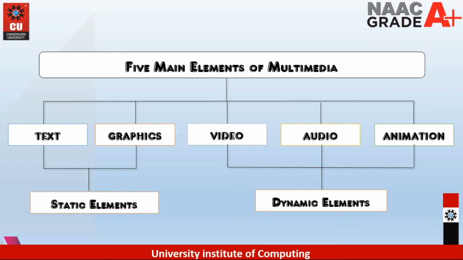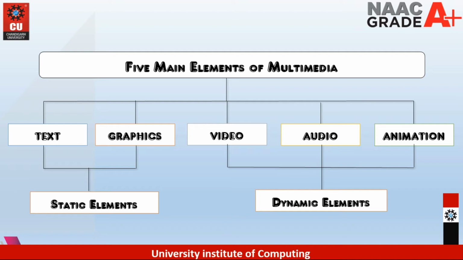These are the movable elements, as the video can be played, the audio can be played, and the animation can be played. But as we are talking about the static elements, the text and the graphics are still items that cannot be played.